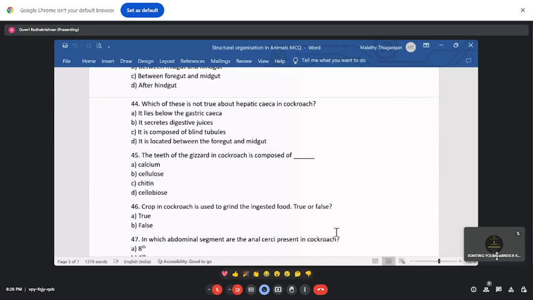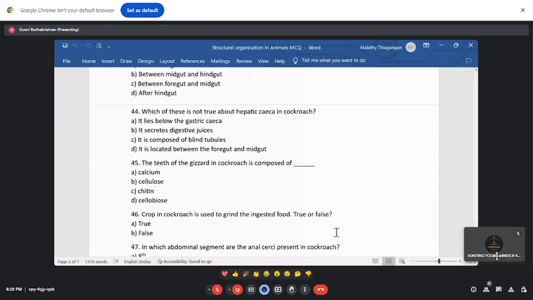Is it composed of blind tubules? Yes, it is composed of blind tubules. Is it located between foregut and midgut? Yes. How many blind tubules are there? 6 to 8.